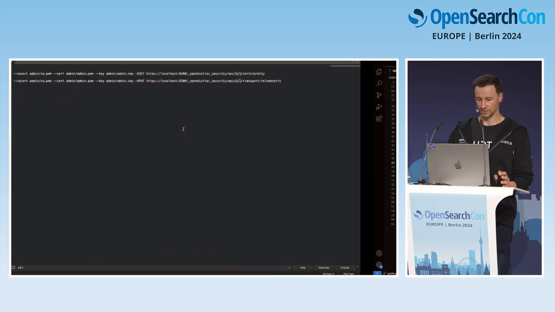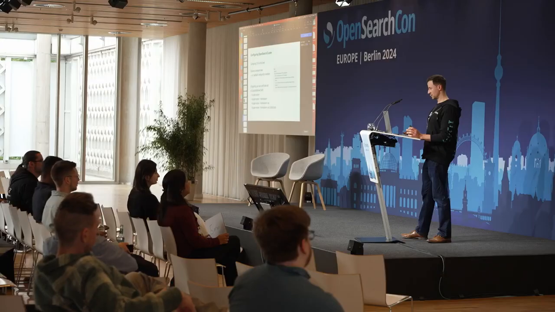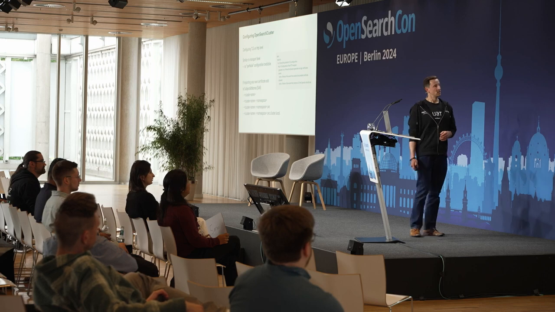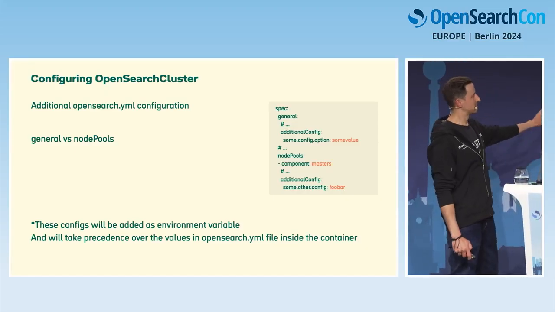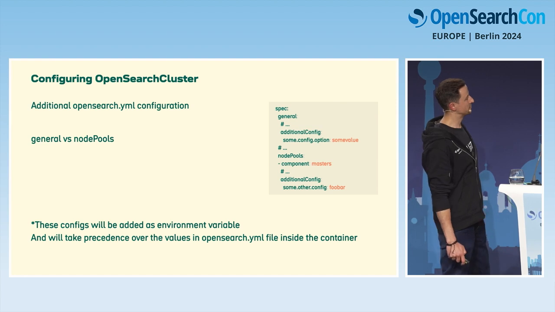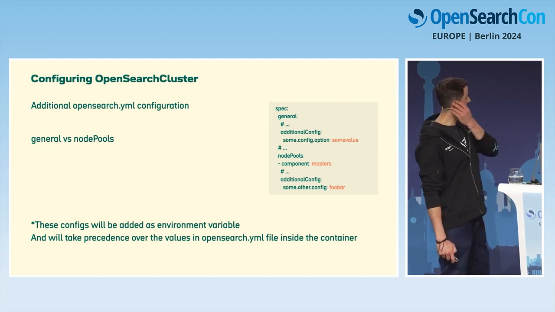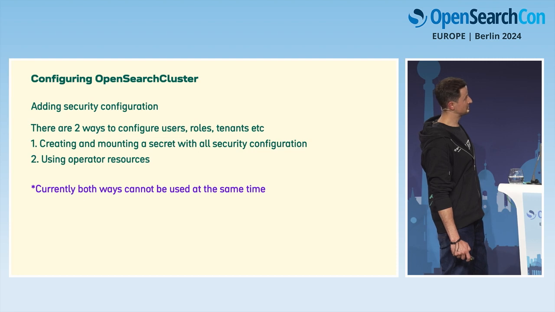So I just wanted to show you this in case you come across it and you will remember this talk and you say, oh yeah, I know exactly where it is. So this is why I wanted to hide the bottom part as an environment variable. So we have the additional configuration per node pool generally, and then the very same for the OpenSearch dashboards file, which is on the next slide, I believe.